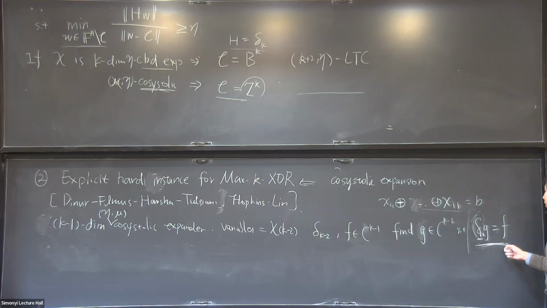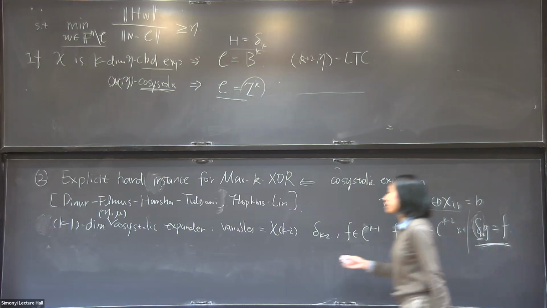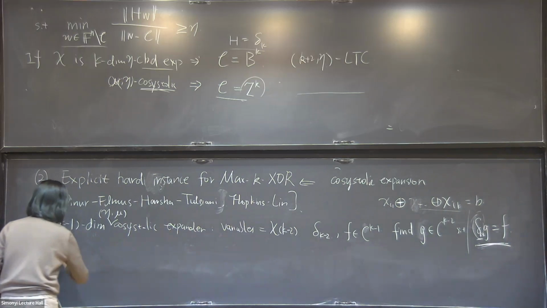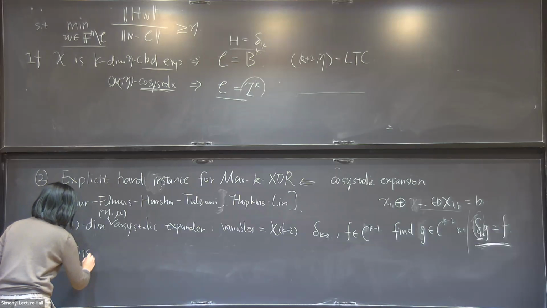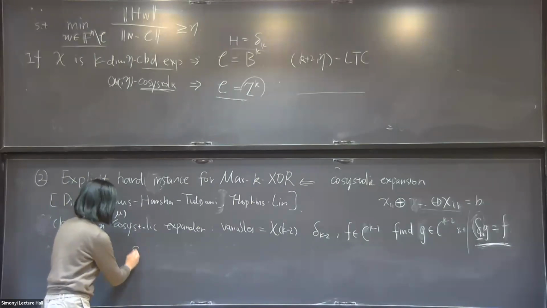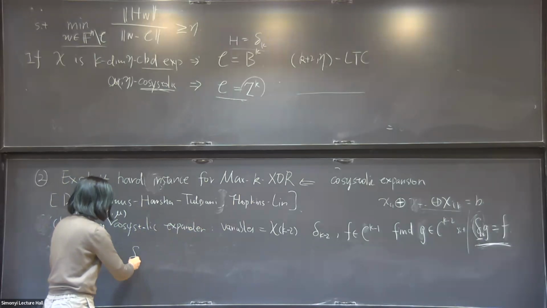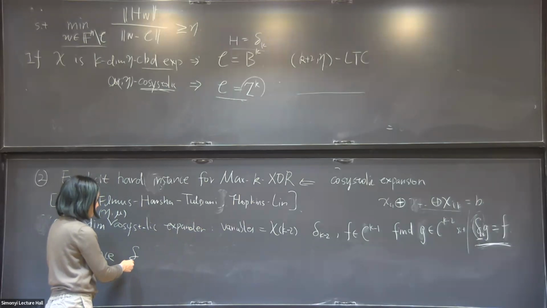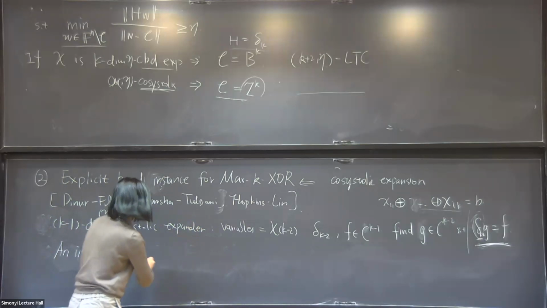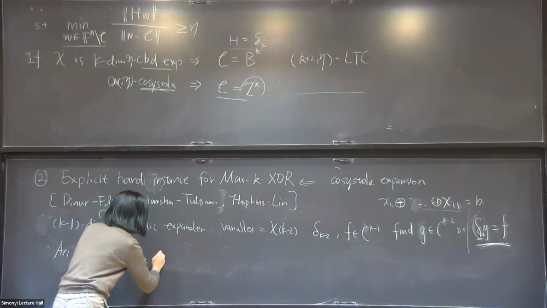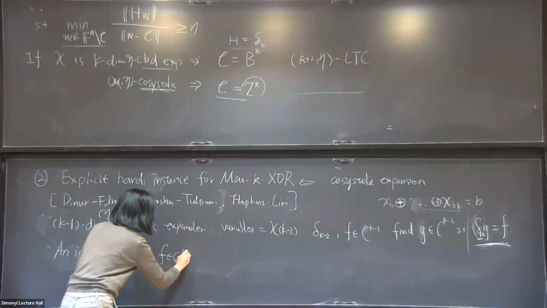Okay, and now it may start to be clear to see an instance. To define an instance, one needs to define the set of equations that need to be satisfied, and the equations are given by this delta k-2 and also some f in C k-1.